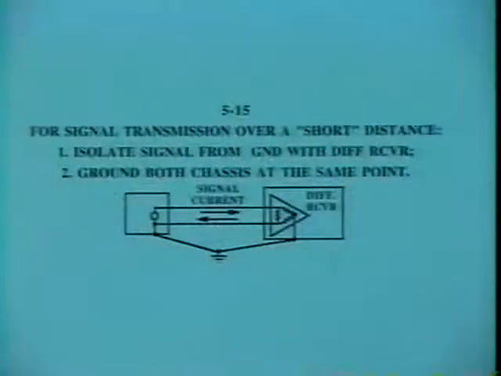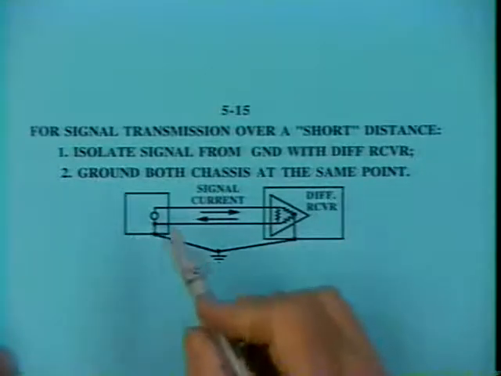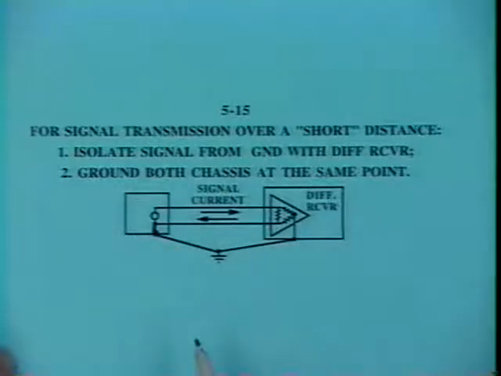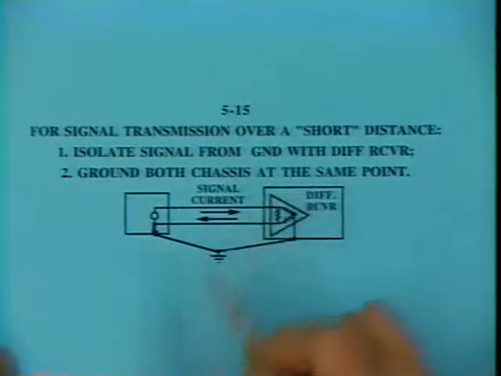The other is a much longer distance, where the ground voltage difference might be thousands of volts. There are two different situations. I think there are sort of two standard approaches. If we're running a signal a relatively short distance, I might allow the signal to be grounded at one location, but on the other end, I'm going to isolate that signal from ground.